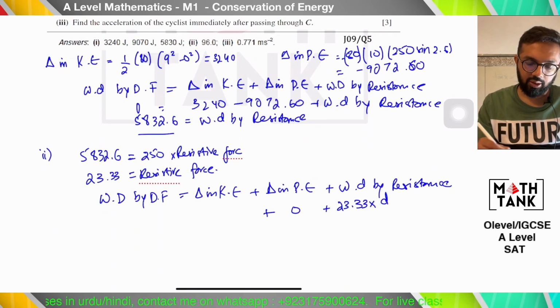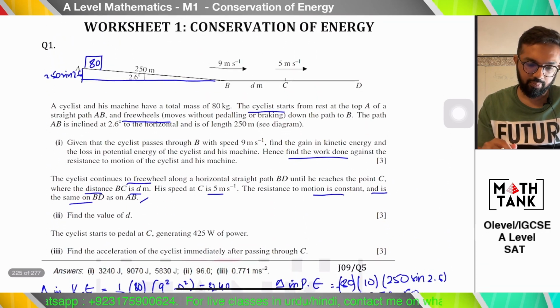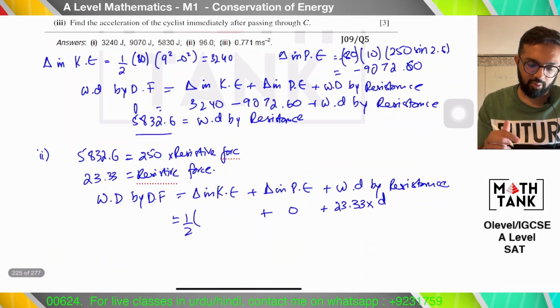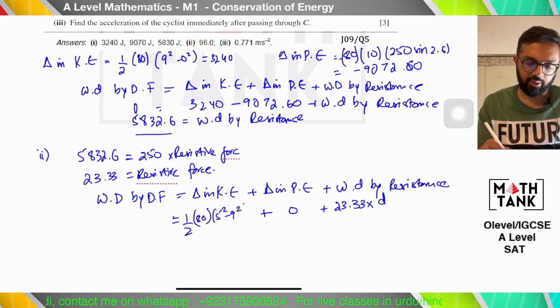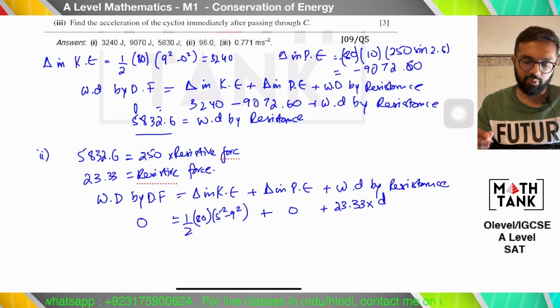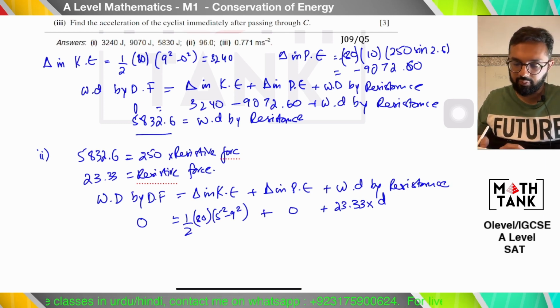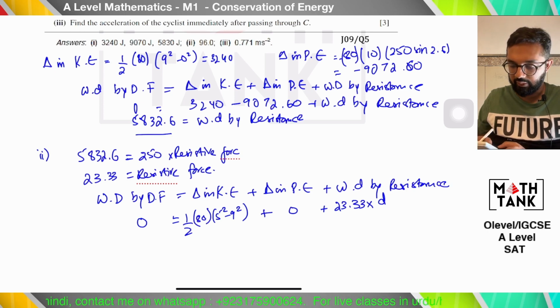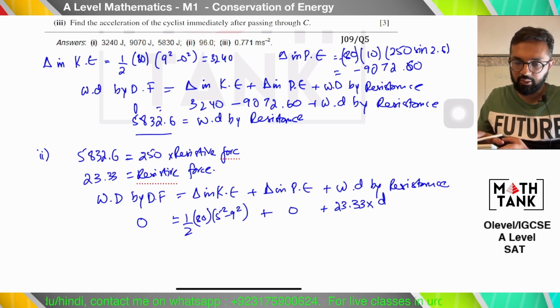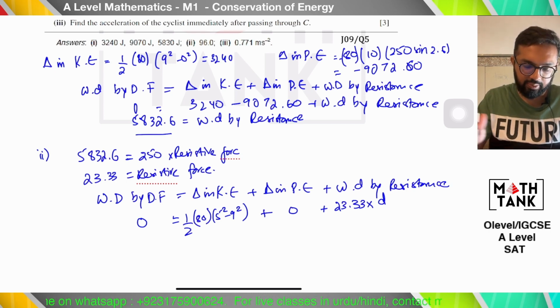There's no change in PE. Half m v squared minus u squared. Work done by the driving force is 0. So 40 into 5 squared minus 9 squared, divided by 23.33. So d is about 96 meters.